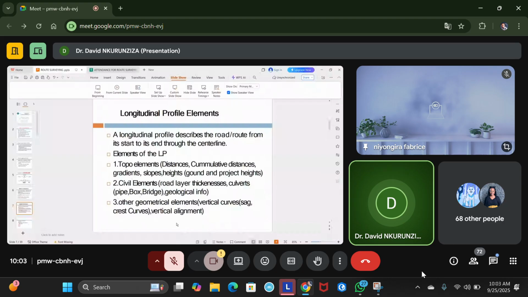Then the civil engineering elements, you have the thickness of the road, you have the culverts, pipes, then some geological data. Then the geometrical elements that you can have are curves and some other alignment, crest and the sag curves.